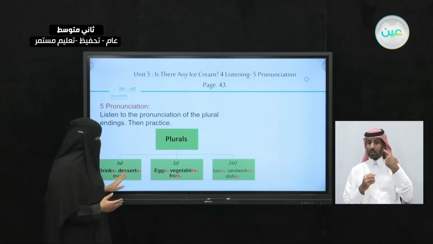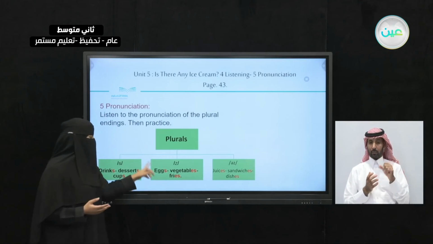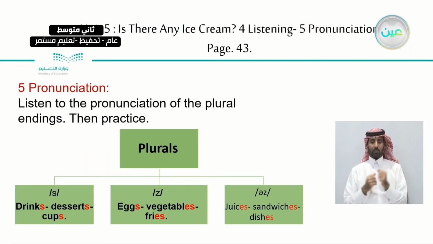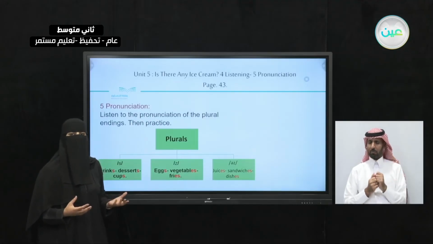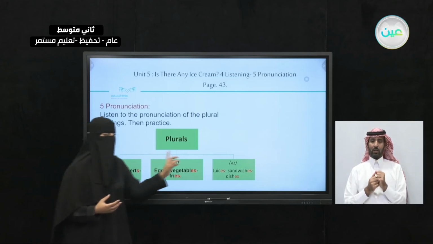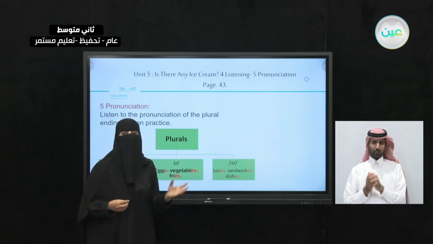So in the first group, the sound was the S sound, just like the letter S. How about this one here? Eggs. It sounds like the letter Z. So eggs, eggs. Now, I want you to listen to the last group here. And what is the last sound you hear here?